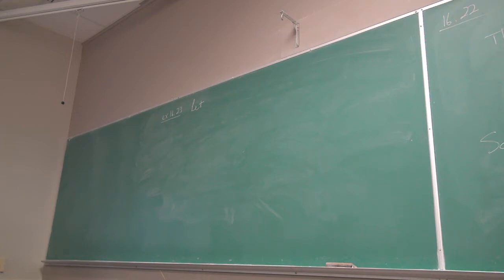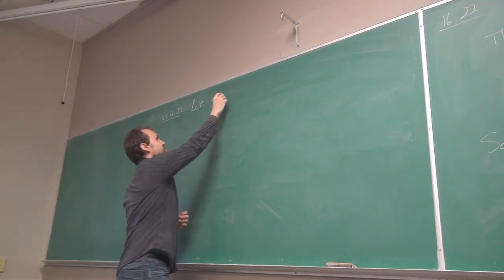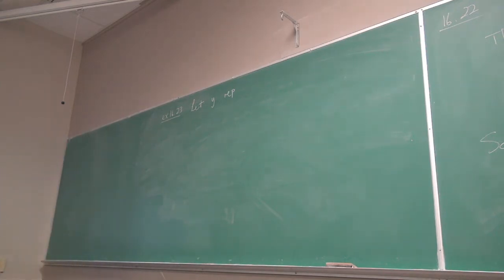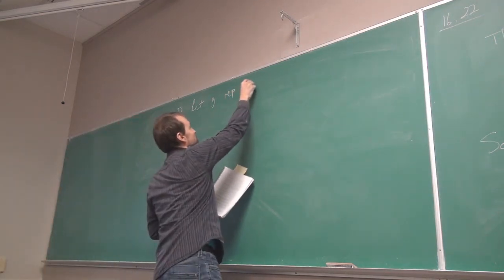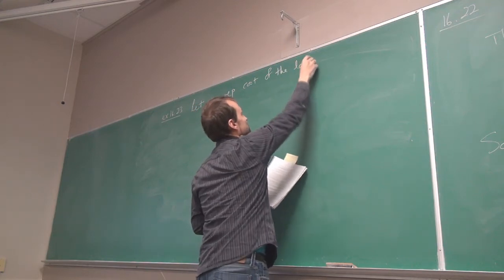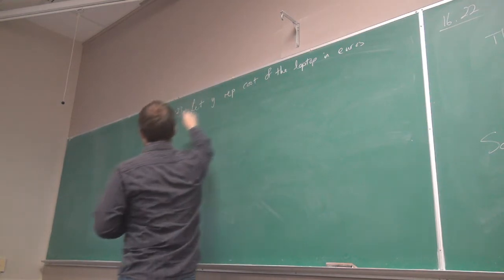Right. Why? Just going backwards in the alphabet? Fair enough. What does it represent? Cost of the laptop in euros.